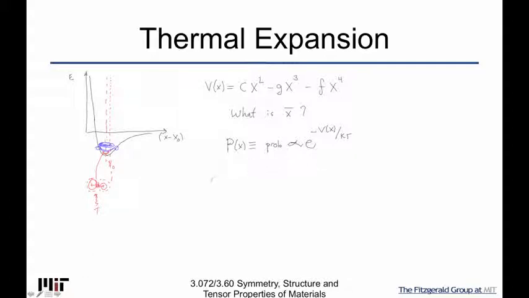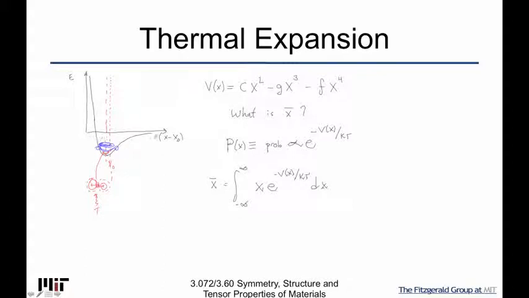So the classic definition of an average then is the thing you're averaging times the probability of finding it in those states, integrated over x, which is essentially sampling over all the probability from minus infinity to infinity.